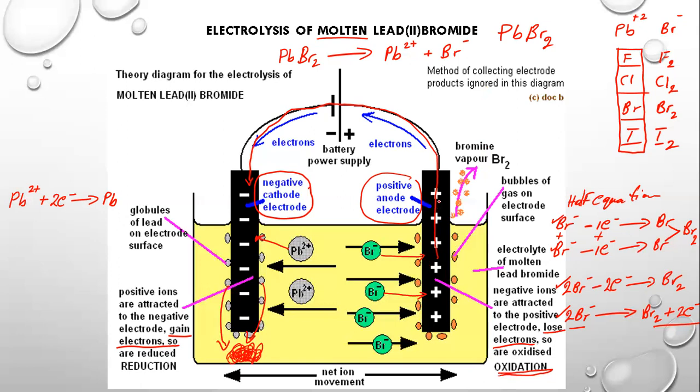And those electrons traveled through the circuit from the anode to the cathode. And there, those electrons are accepted by the lead ion to form lead atoms. Okay, let's move on to our next slide.